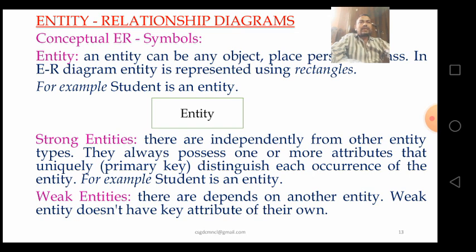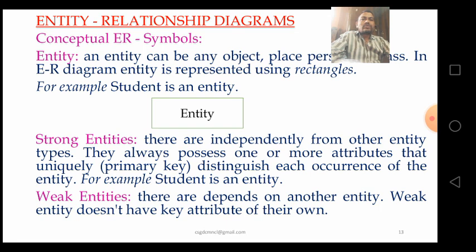Next, strong entities and weak entities. These are the two kinds of entities available. First one is strong entities. They exist independently from other entity types, and are called strong entities. They always possess one or more attributes that uniquely distinguish each occurrence of the entity.